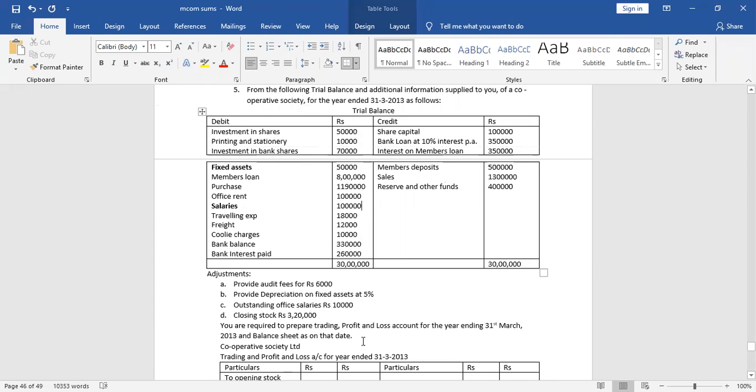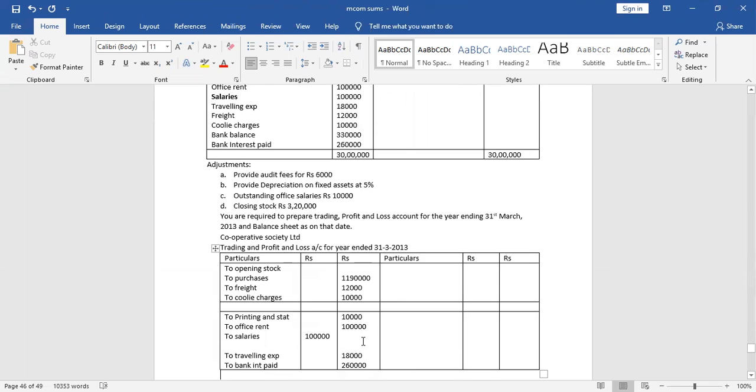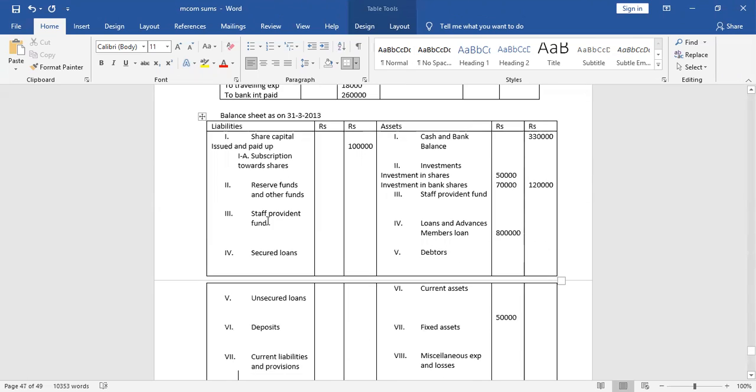Bank loan we can write in the secured or unsecured, whatever. I will write in the secured because bank generally will give a secured loan. So I will write bank loan 3,50,000 and it is 10%.